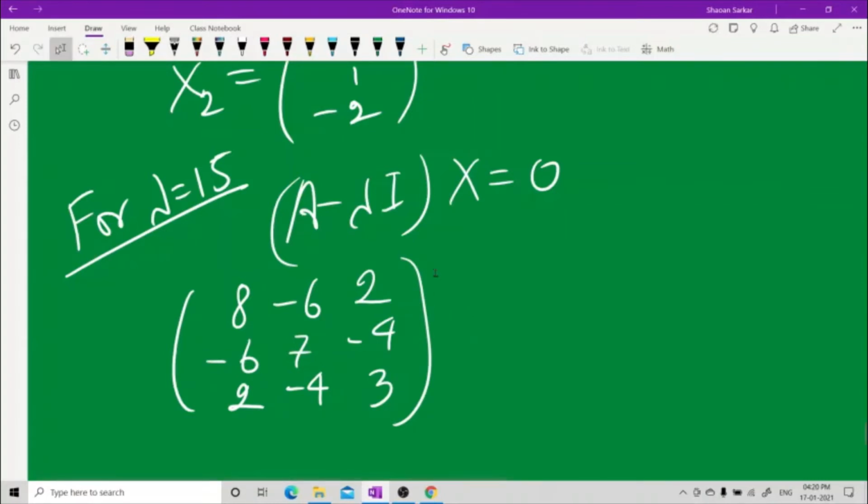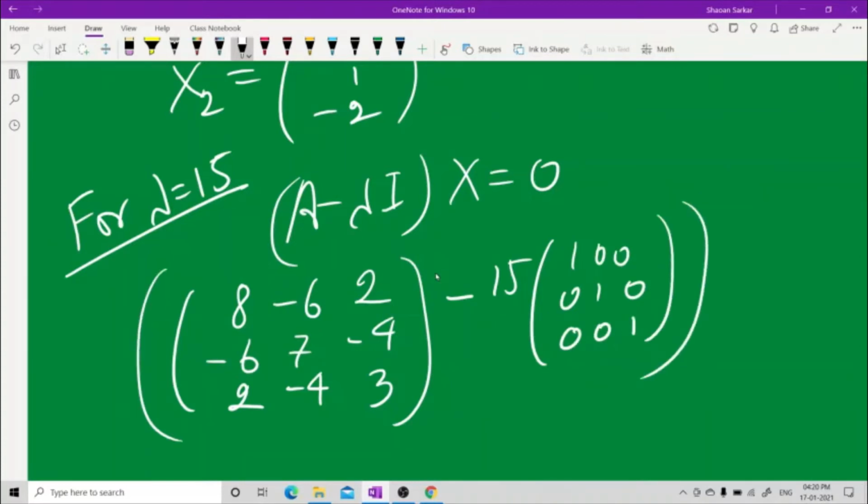Fine. Now you have minus 15 times the identity matrix, 1, 0, 0, 0, 1, 0, 0, 0, 1. Then you write x with components x1, x2, x3, and this comes out to be 0, 0, 0.